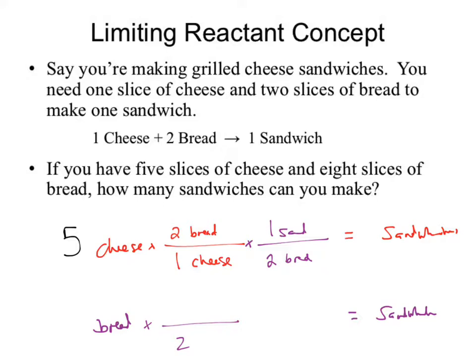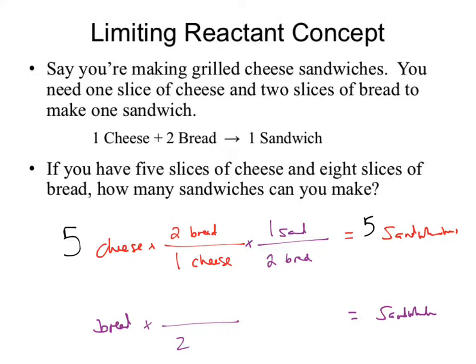5 slices of cheese times 2 slices of bread per cheese. So cool, I'm canceling cheese, canceling bread, and I would get 5 sandwiches, which was also not what we said the answer was. You just add the given bread.